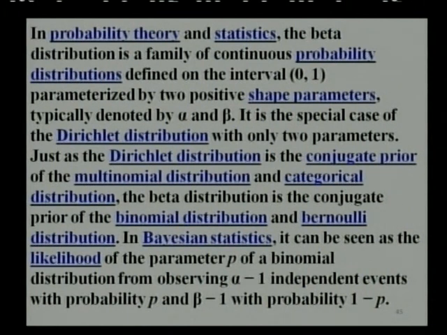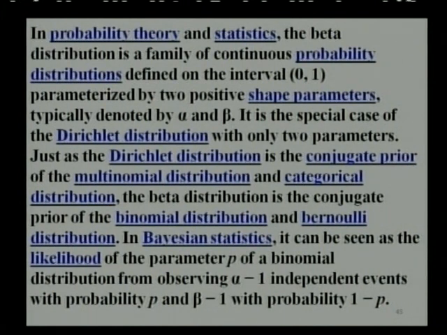Now let us discuss the beta distribution. In probability theory and statistics, the beta distribution is a family of continuous probability distributions defined on the interval 0 to 1, parameterized by two positive shape parameters, typically denoted by alpha and beta.